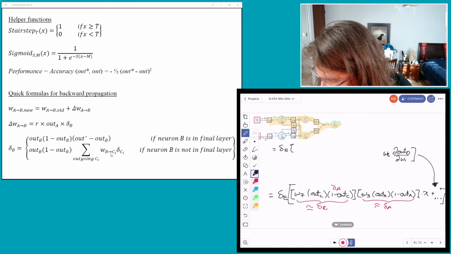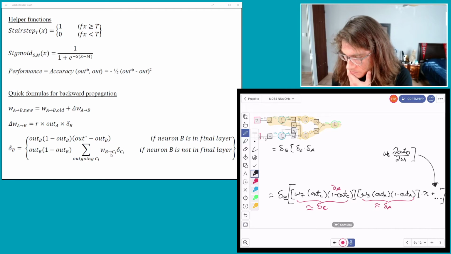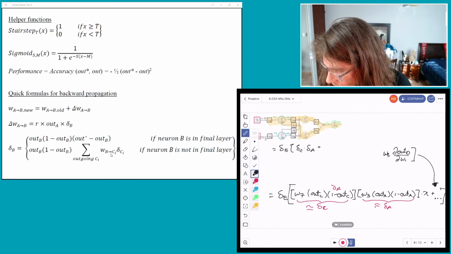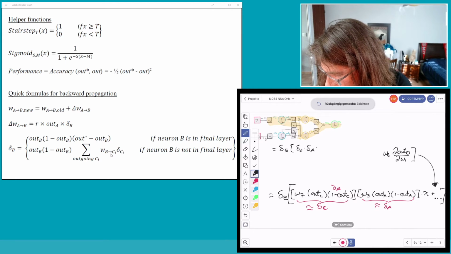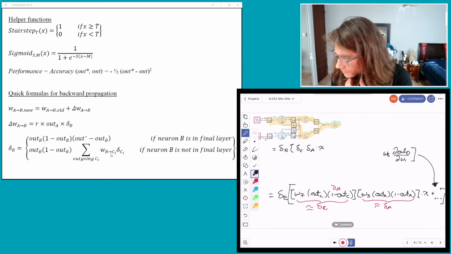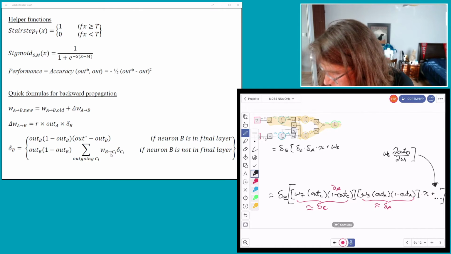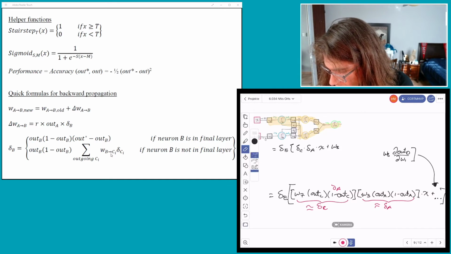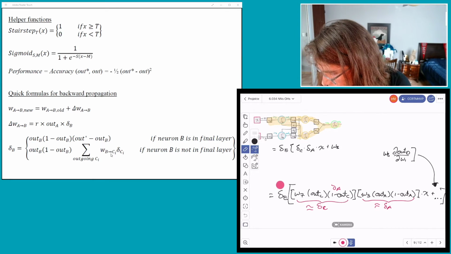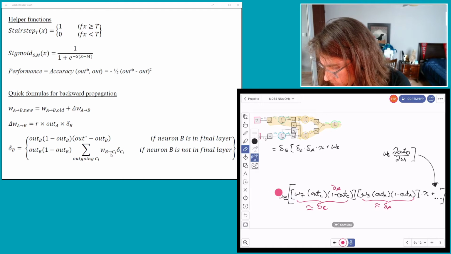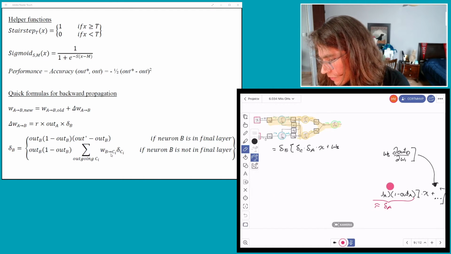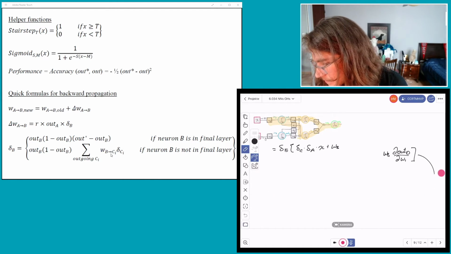So this is delta E, delta C, the way I've defined it, times delta A times X plus W8. And now I'm going to expand what I was doing with out D and W1.